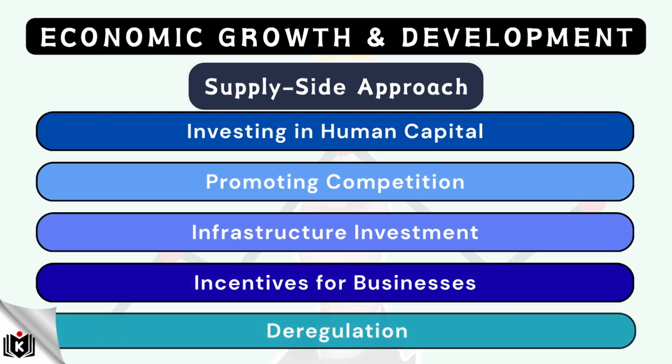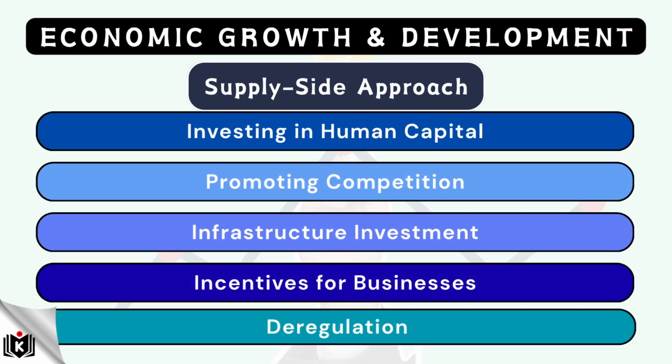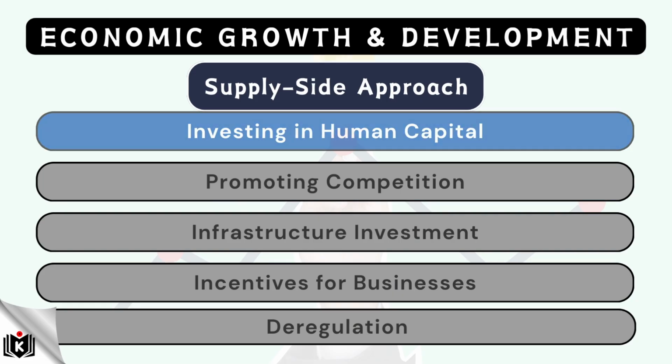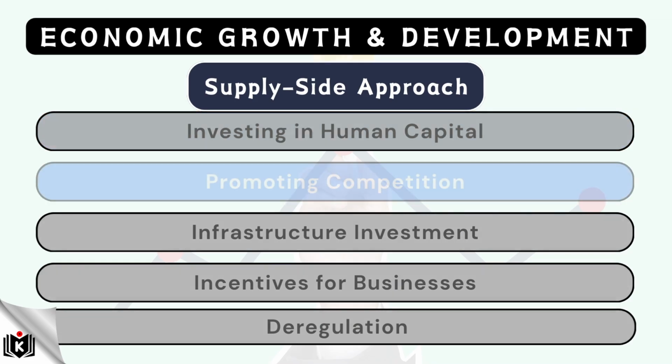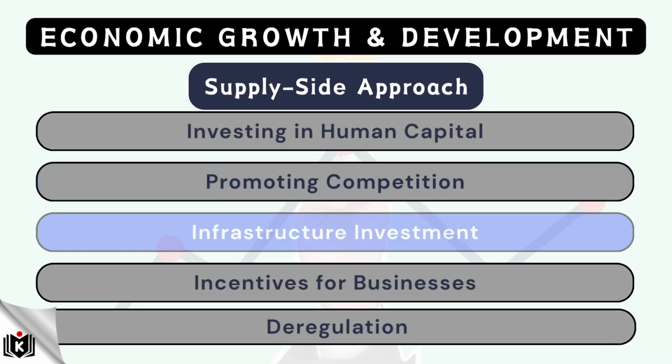The supply-side approach essentially involves the following: investing in human capital by improving education and healthcare to create a more productive workforce. Promoting competition through the use of policies to break down monopolies and make markets more efficient. Infrastructure investment by building better roads, ports, and providing internet connectivity to lower business costs.